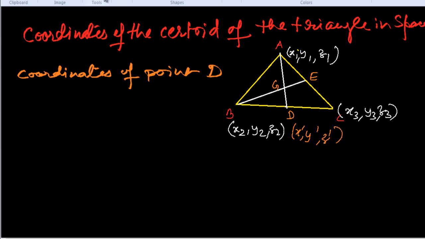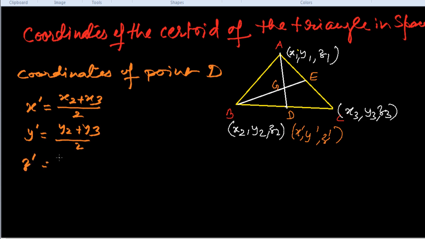So x dash is equal to x2 plus x3 over 2. Similarly, y dash is y2 plus y3 over 2. Similarly, z dash is z2 plus z3 over 2. So this would be the x dash, y dash, z dash.